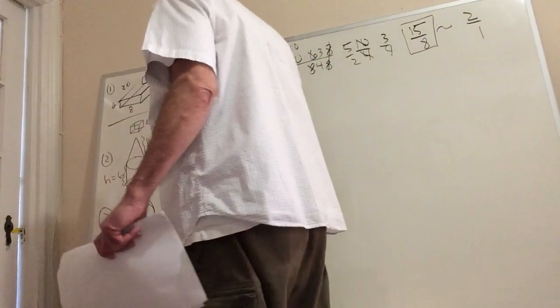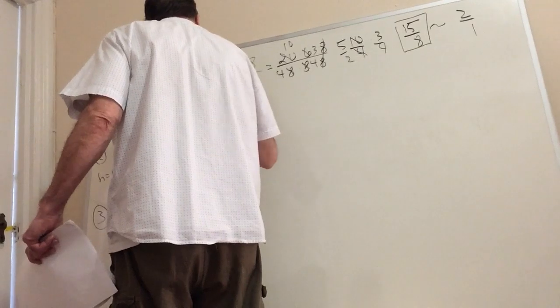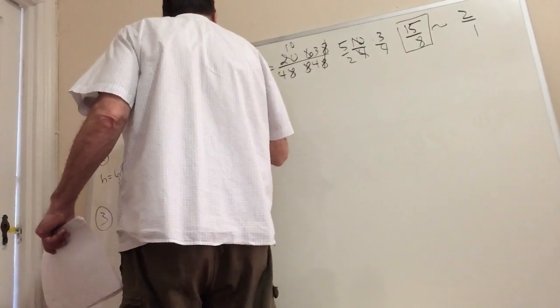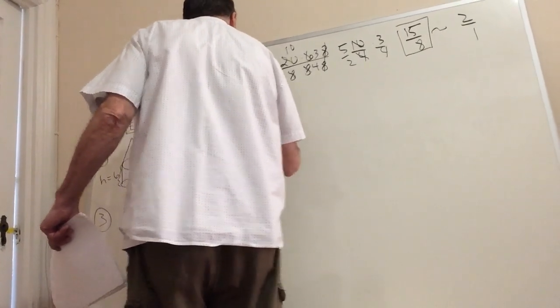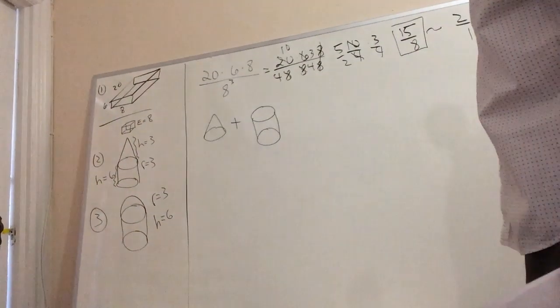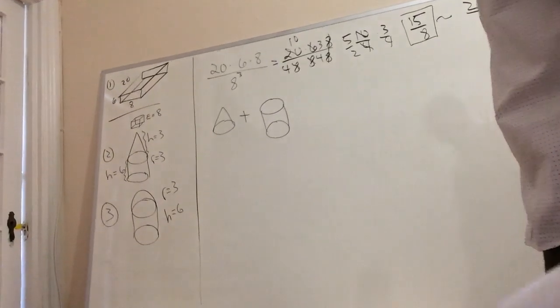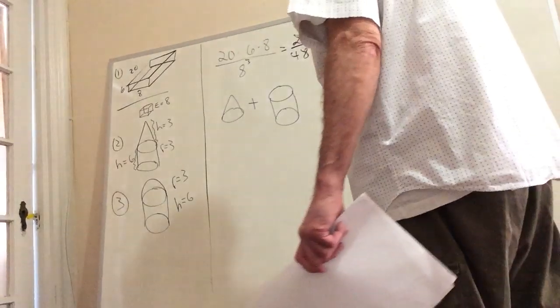We turn our attention to number 2, and this is a compound figure. Again, I think in my head, I'm going to add the cone to the cylinder. I have all the data that I need. I remember everything's in terms of pi, as the instructions told you.